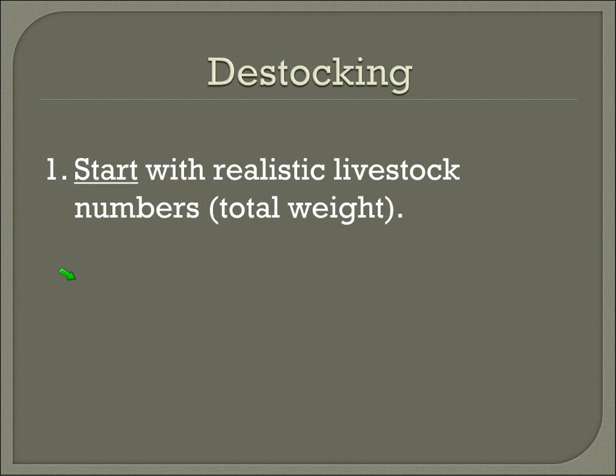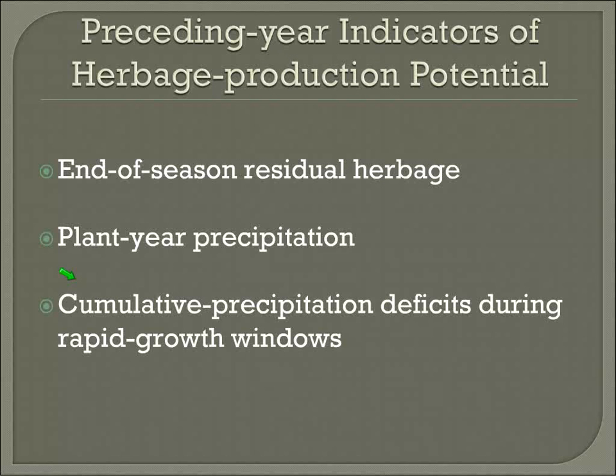Let's talk about the destocking process and how to use the CFR index values, the table, as well as some of the other sheets that are in your handout. The beginning point in any year, regardless of whether we know that it's a drought or not, is to start with realistic livestock numbers, and that's on a total weight basis. Well, there are a number of guidelines that we can use.